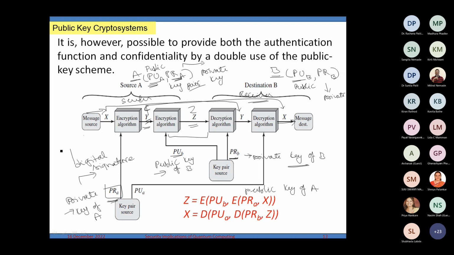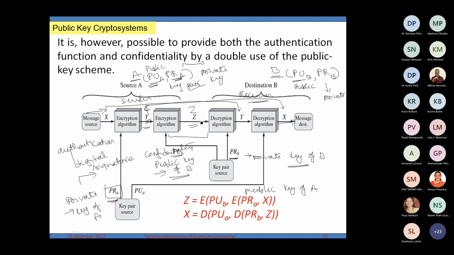This is achieving authentication or digital signature. The first encryption is with the private key of A. With the subsequent encryption with the public key of the receiver, we are achieving confidentiality.